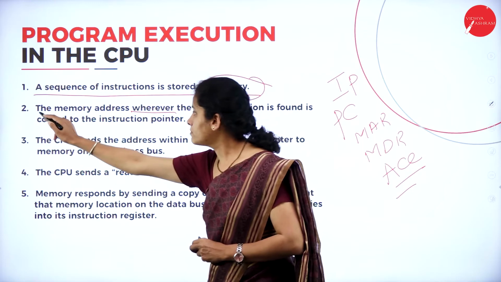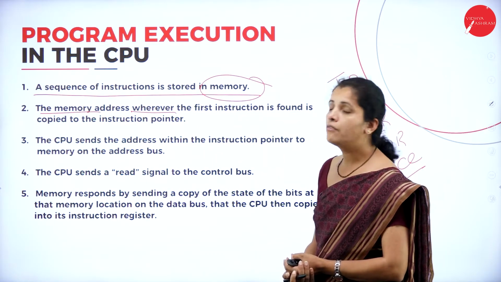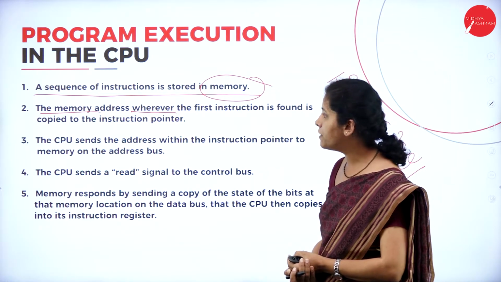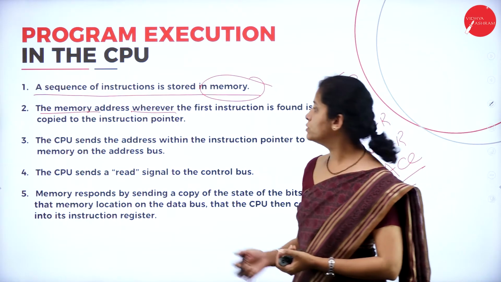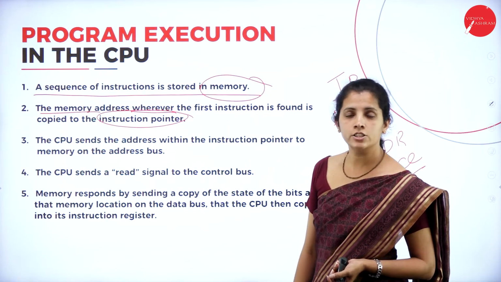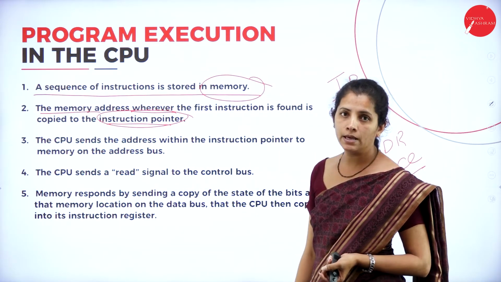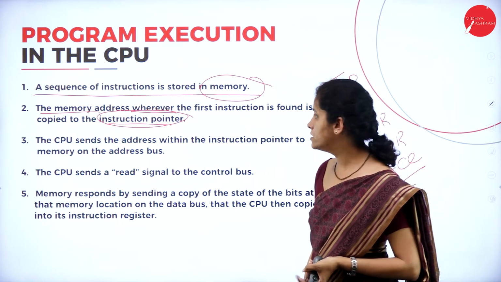Now, the memory address wherever the first instruction is found is copied to the instruction register, that is the instruction pointer. So here the instruction pointer is nothing but a special purpose register.